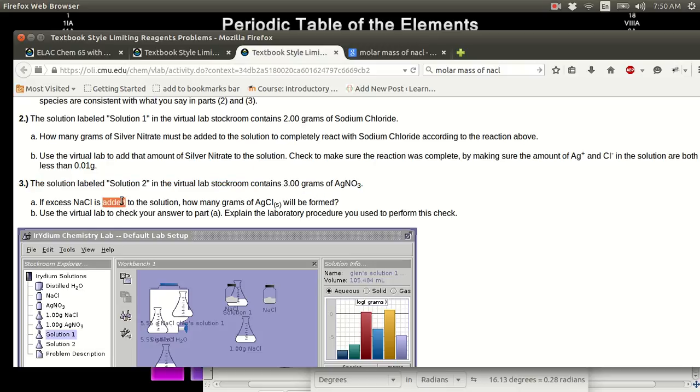Number 3, if the solution number 2 contains 3 grams. All right, so this is very much the same thing. In number 3, you will be using the silver nitrate solution 2 right here, silver nitrate. And you will be calculating how much NaCl you need. You will be calculating how many grams of AgCl you can form from this 3 grams of AgNO3.